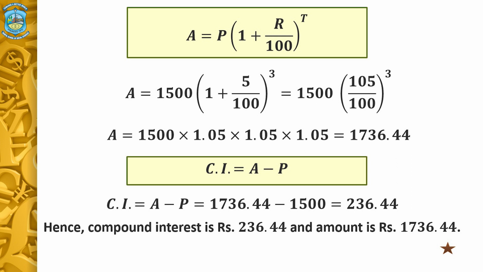Hence, the compound interest is rupees 236.44 and the amount is 1736.44. In the next example, we will see a method when T is not an integer quantity.